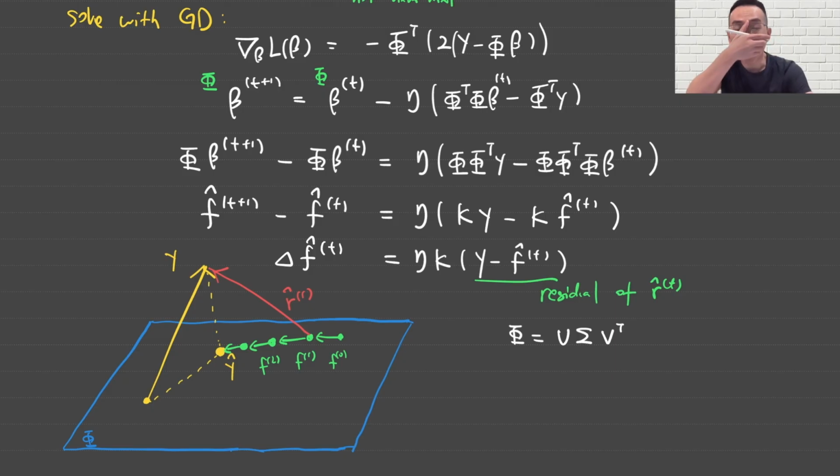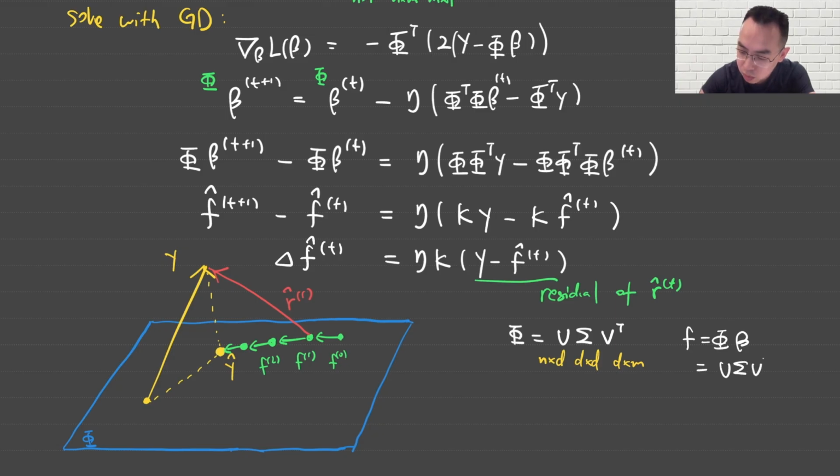We can also spell out the dimensions for this problem: U is an N by D matrix, sigma is a D by D matrix, and V transpose is a D by M matrix. Because our F can be written as phi times beta, that equals U sigma V transpose beta.